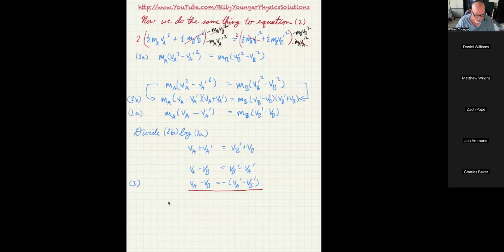So let's go for example. This will be example 2. What I'm going to do with example 2 is imagine pool balls, so I'll just write it out.